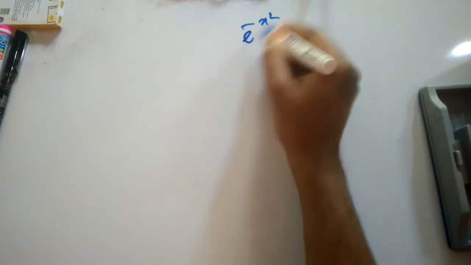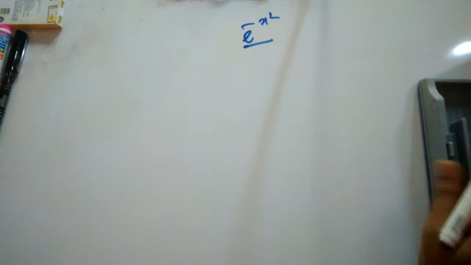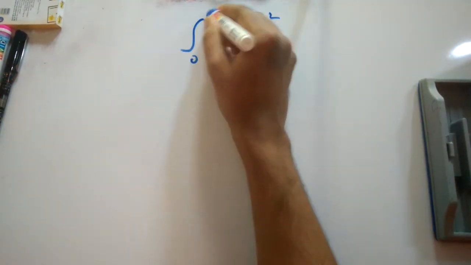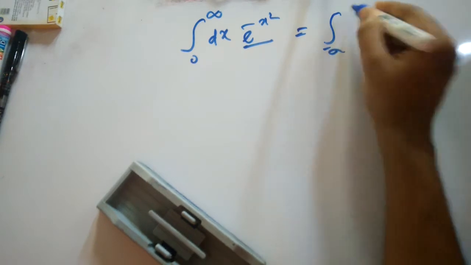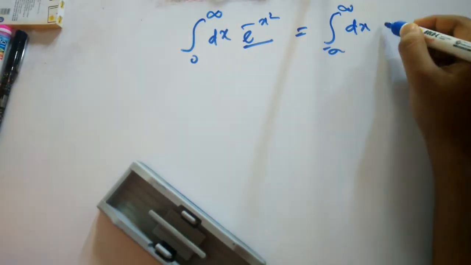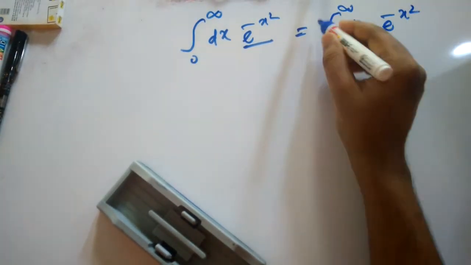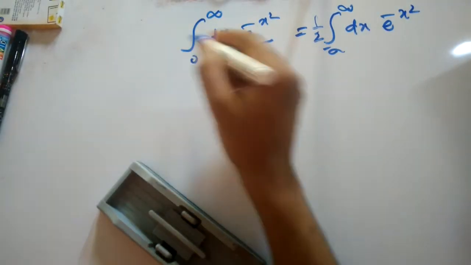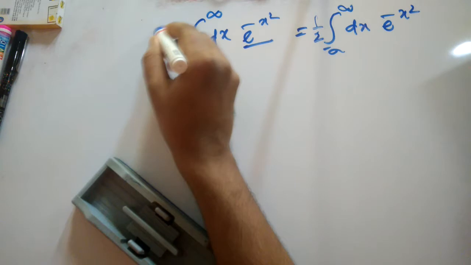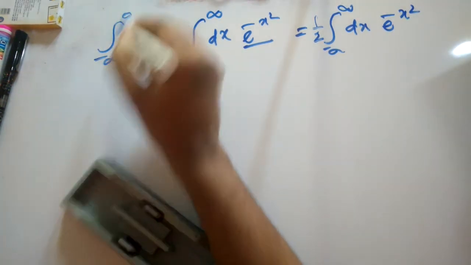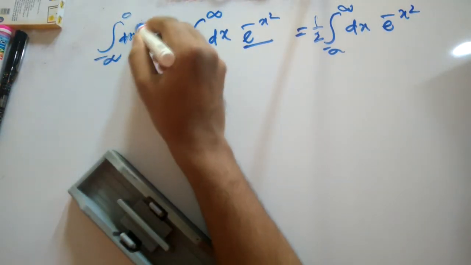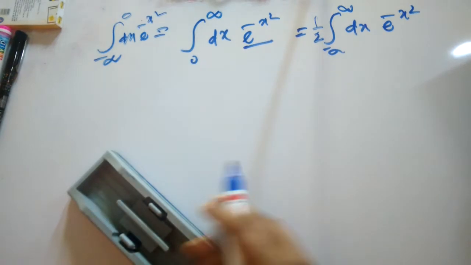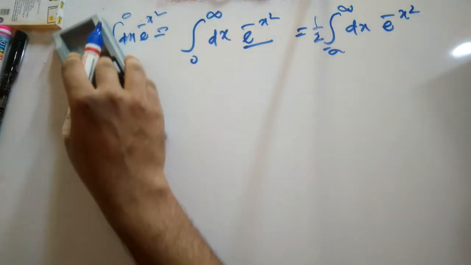Since e^(-x²) is an even function, we can write this integration from 0 to infinity dx equals half of the integration from minus infinity to plus infinity of e^(-x²), because it is an even function. So this is actually equal to the integration from minus infinity to 0 dx e^(-x²).